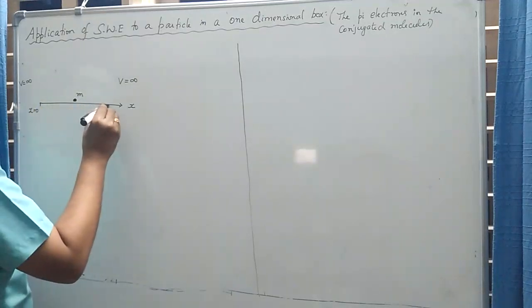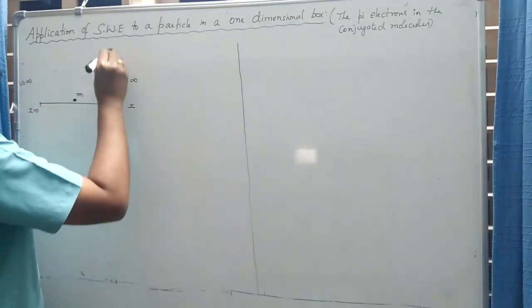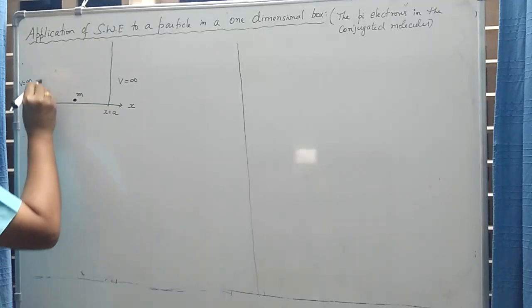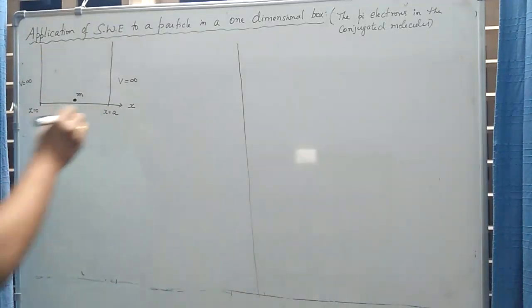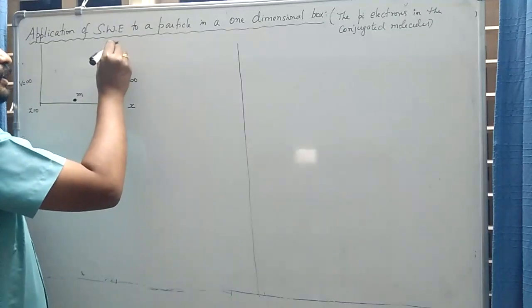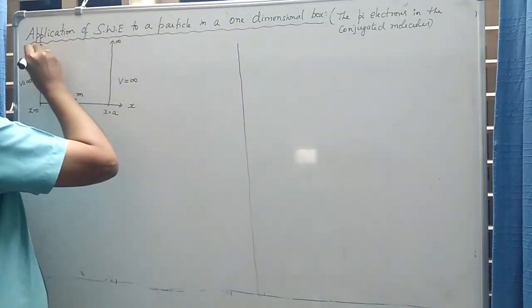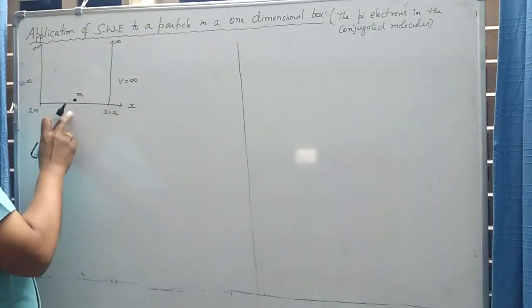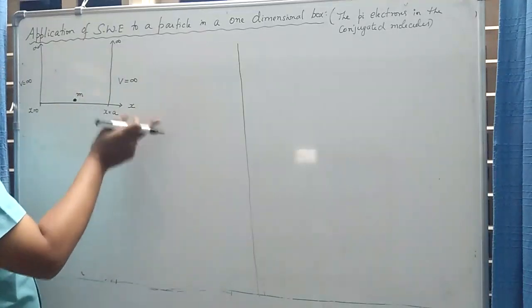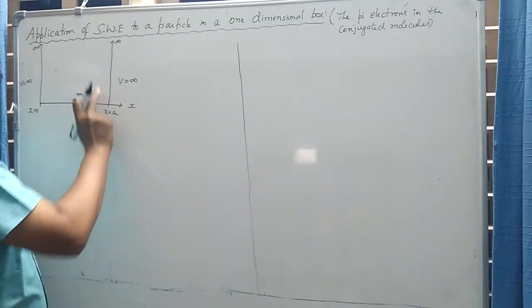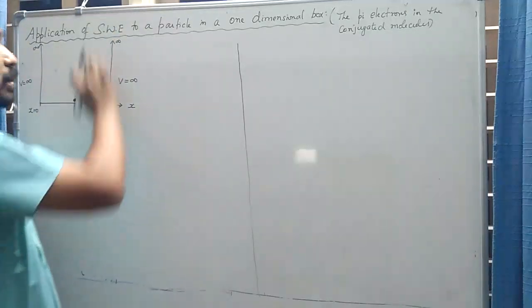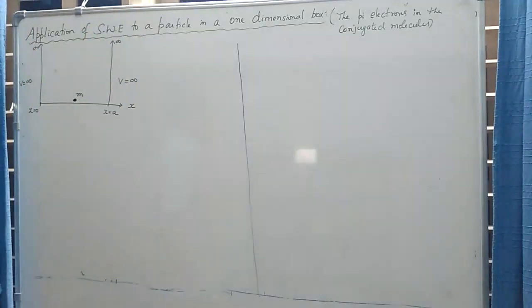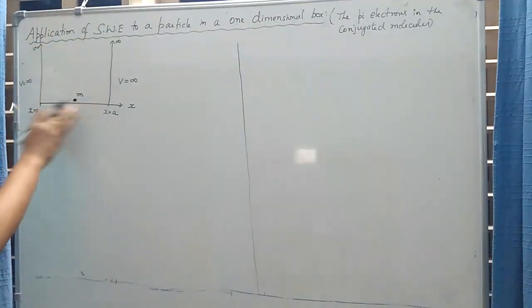So there is some type of wall at x is equal to 0 and x is equal to a, and the height of this wall is infinite. If the particle wants to escape from this region, it has to climb this wall of infinite height. That is, it should have infinite potential energy, which is not possible. So the particle is trapped within this region.